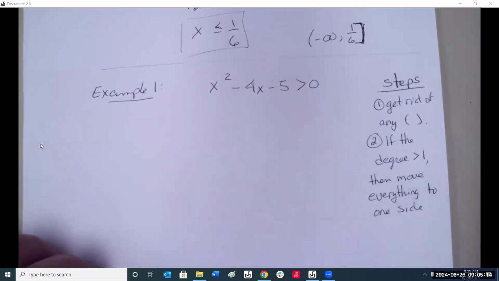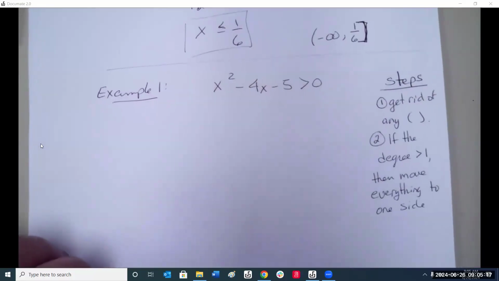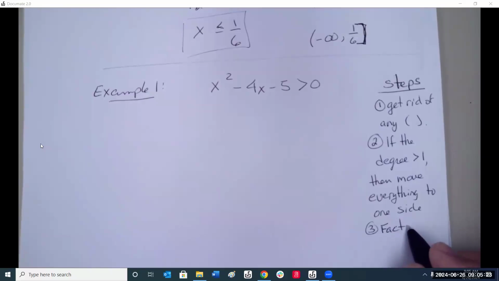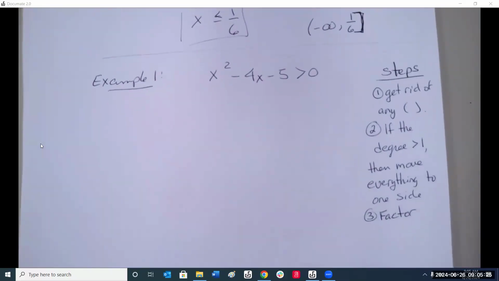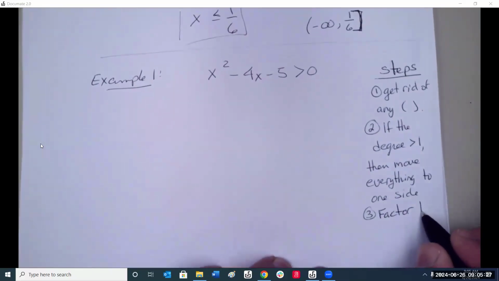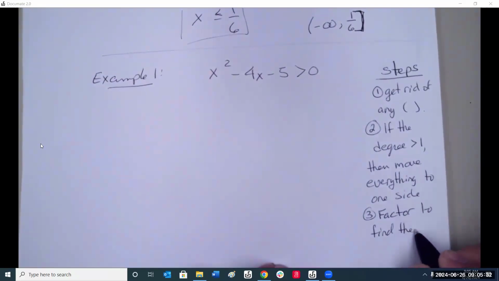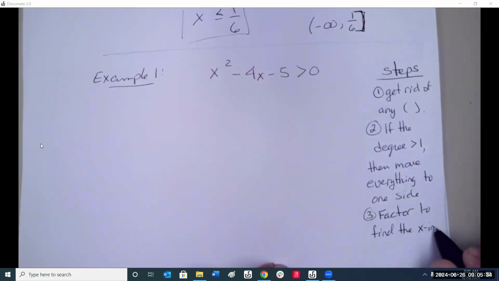Check, we did that. Factor to find the x-intercepts.